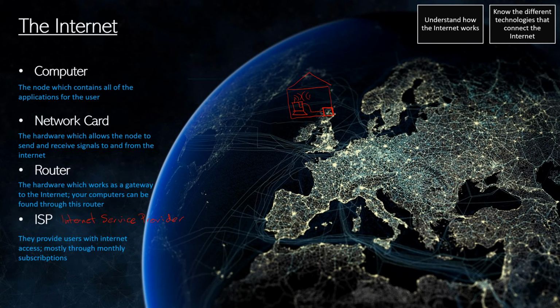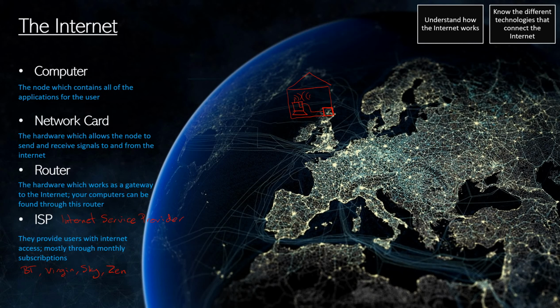All right, but what you need to understand about ISPs is that they provide the users with internet access. And a few examples of this in the UK, if you're watching this video from somewhere in the world, in the UK, you might have a company like BT, for example, or Virgin Media, or Sky, or even Zen, for example.